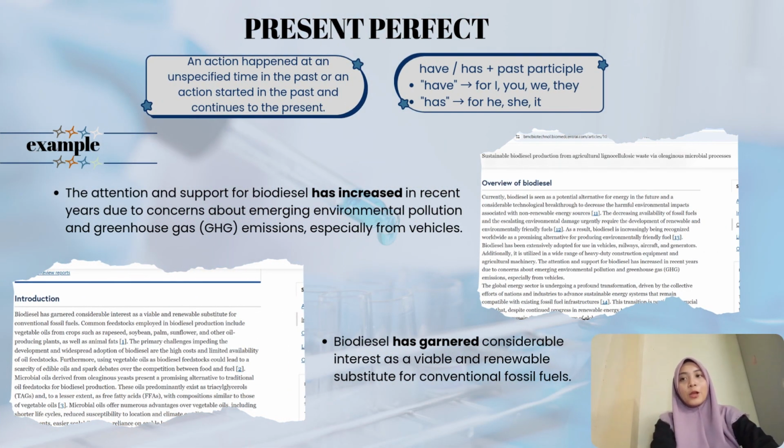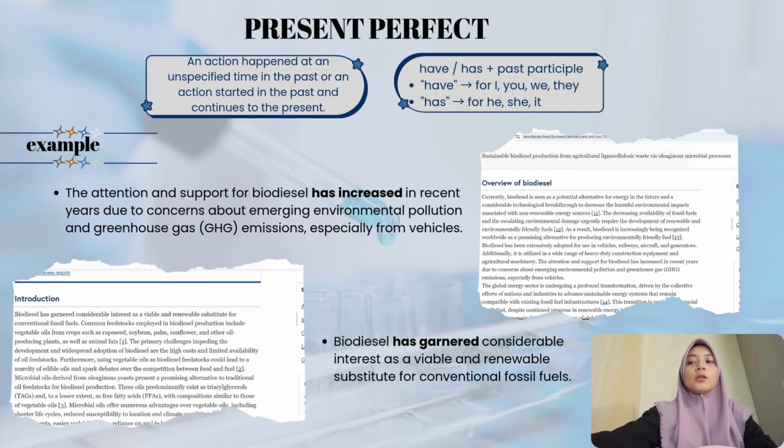Next, present perfect tense. The present perfect tense is used for action that started in the past and continues to the present. For the structure of this tense, subject plus have or has plus past participle.